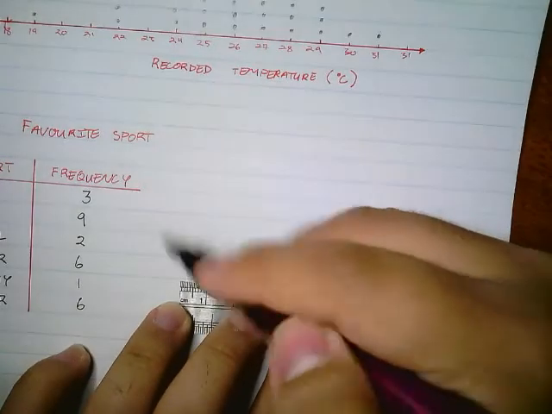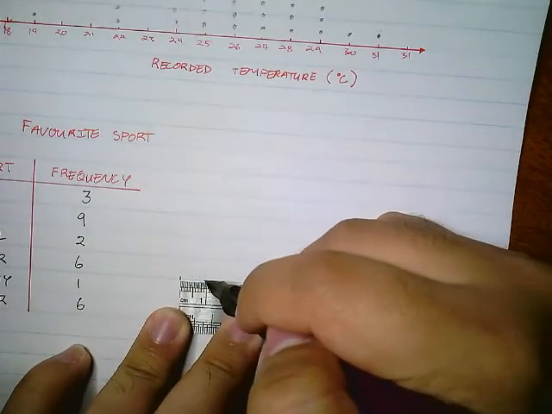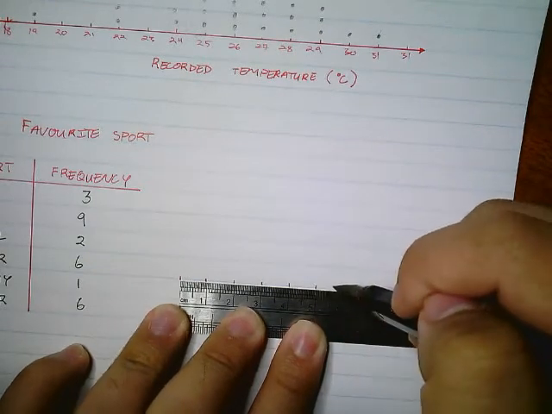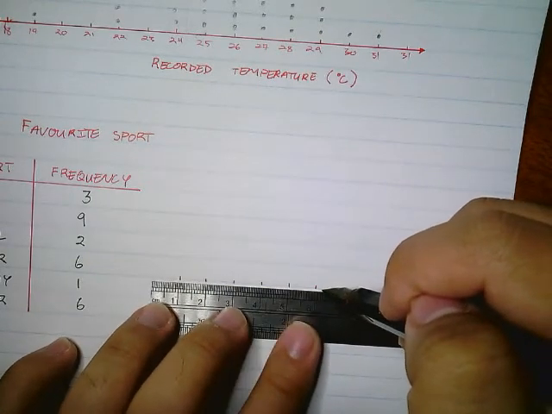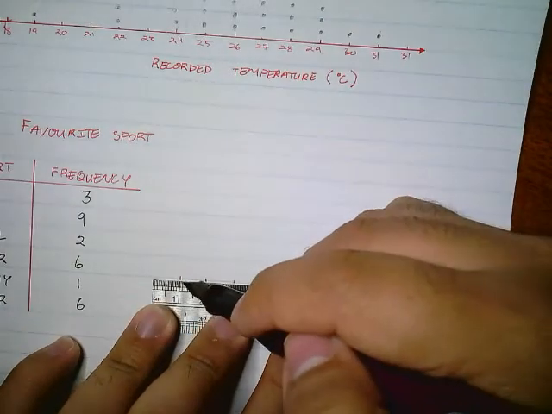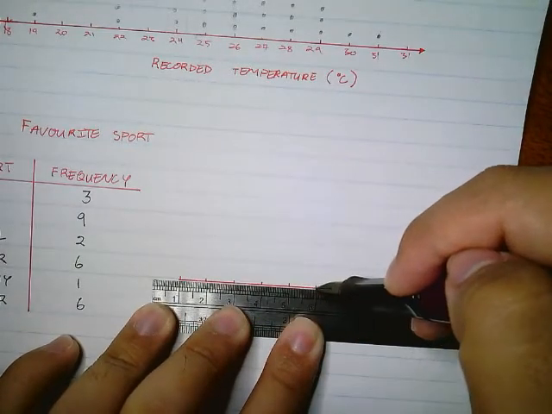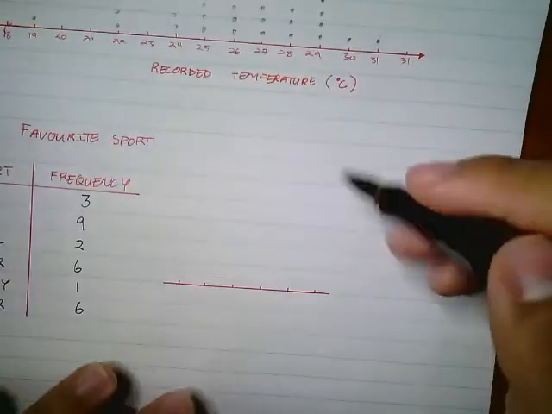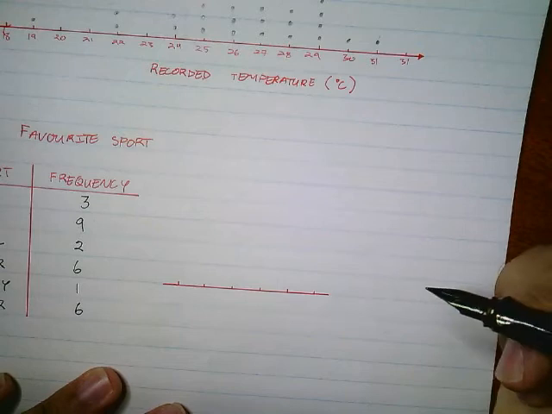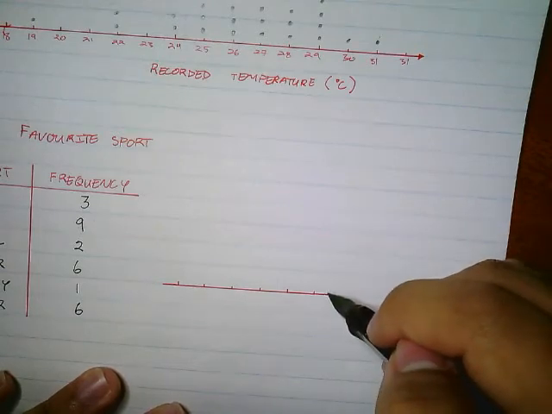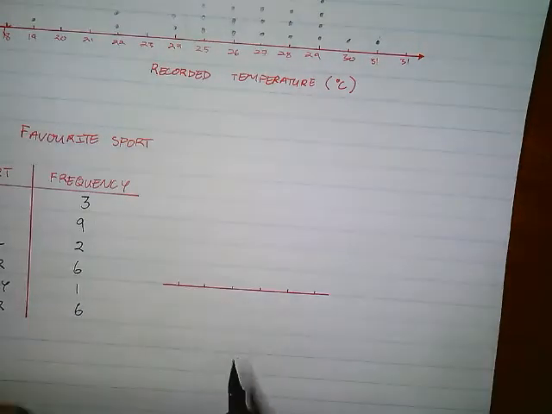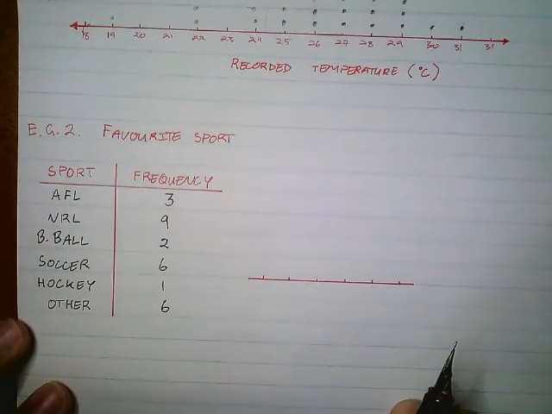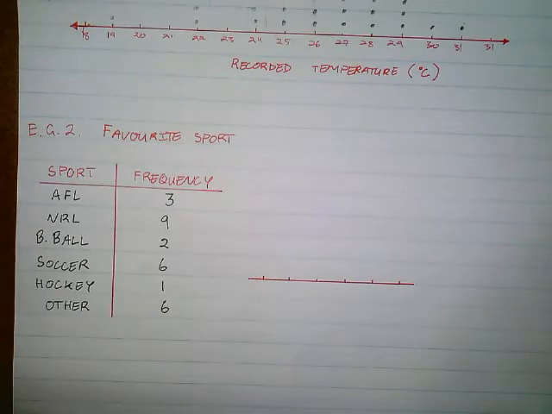I'm going to join these just to make it a little bit neat. I'm going to extend it by 0.5 centimeter on each side. This time we can't extend it because these do not belong on a number line. I'm just doing this to make it neat.